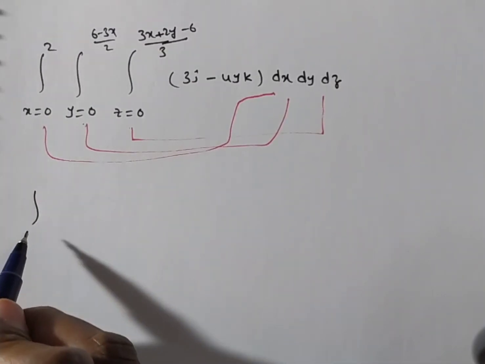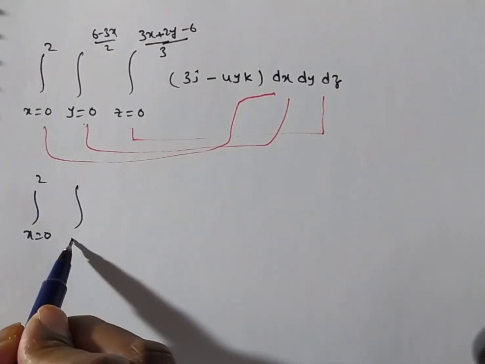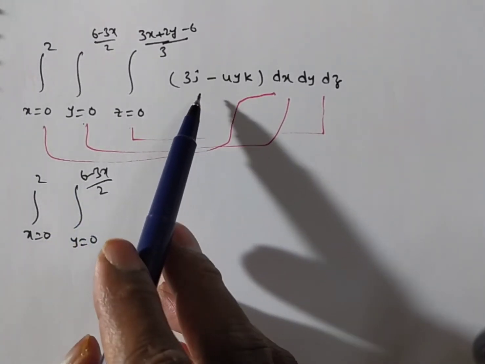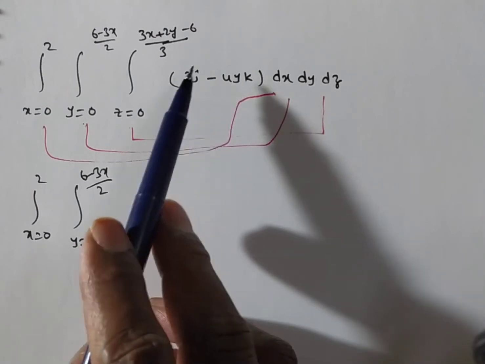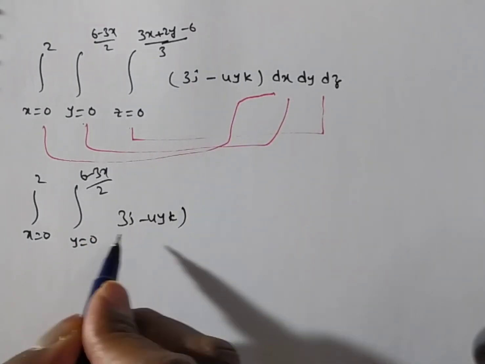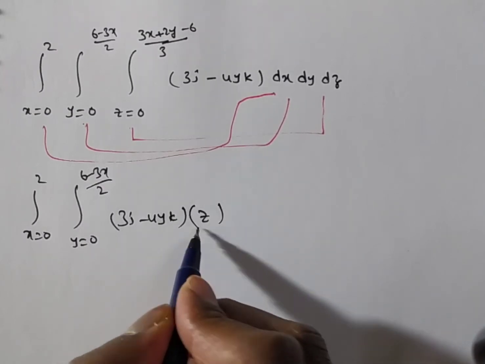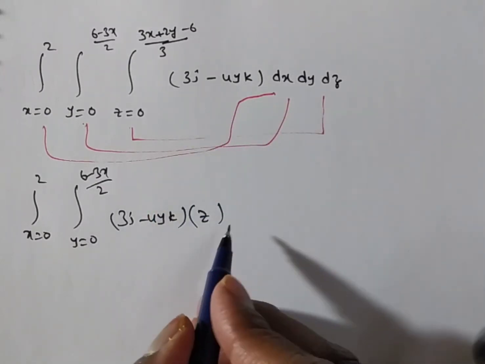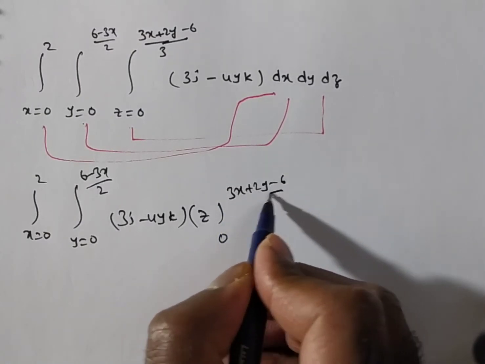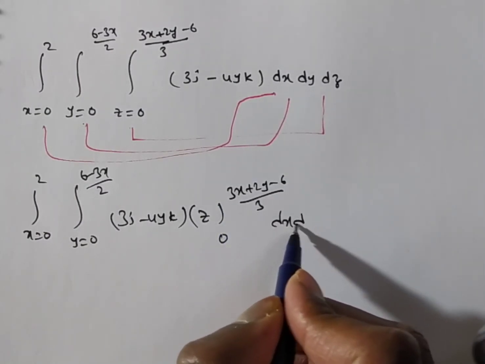Now first I am integrating with respect to z. Here you see this is independent of z, so you can say 3j − 4yk is a constant, times z. The integration of 1 with respect to z is z, with limits from 0 to (3x + 2y − 6)/3, into dx dy.